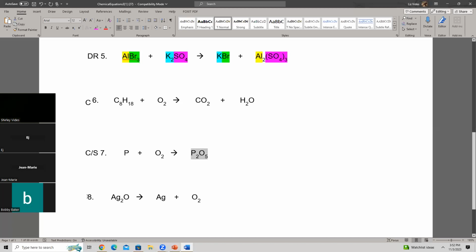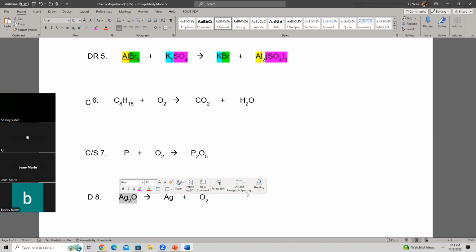So what about the next one? What do you see happening? Synthesis, because it's one. The opposite reaction of synthesis is decomposition, because the product is the one that is double.